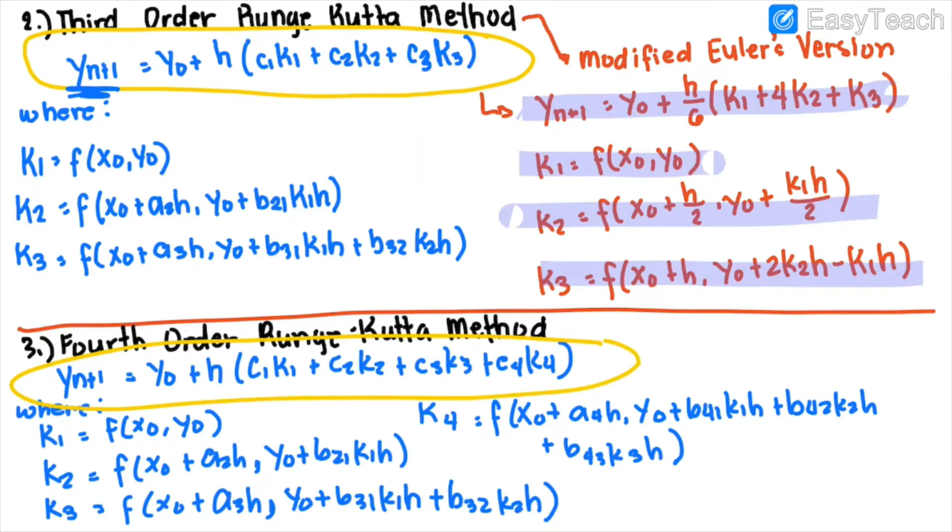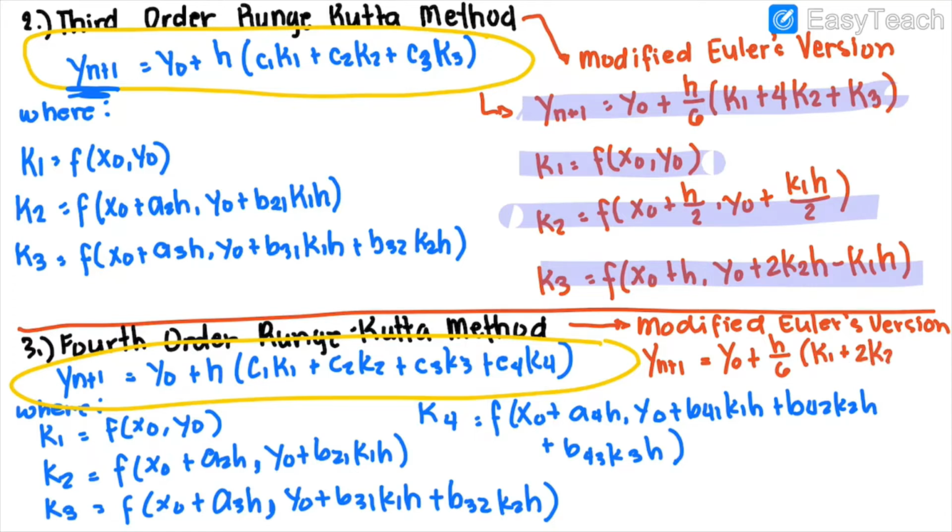And lastly, applying this on a modified Euler's version, y sub n plus 1 should now be equal to y0 plus h over 6 times k1 plus 2k2 plus 2k3 plus k4.